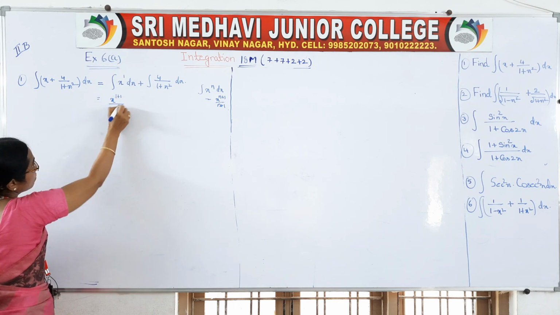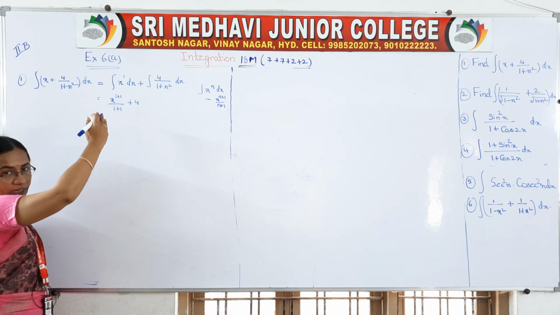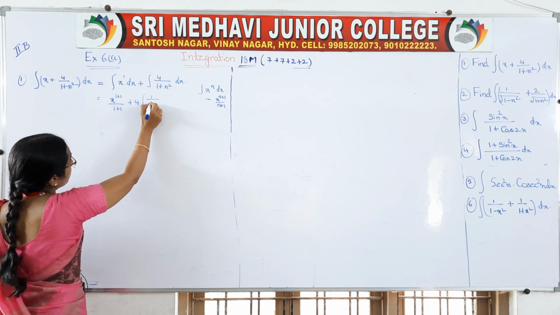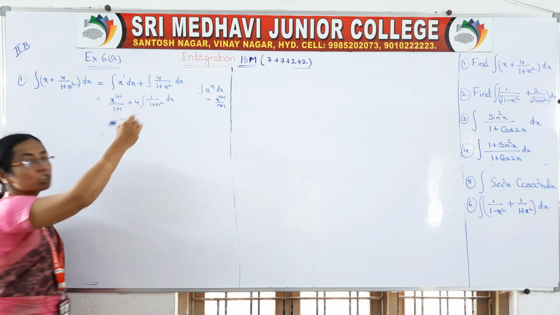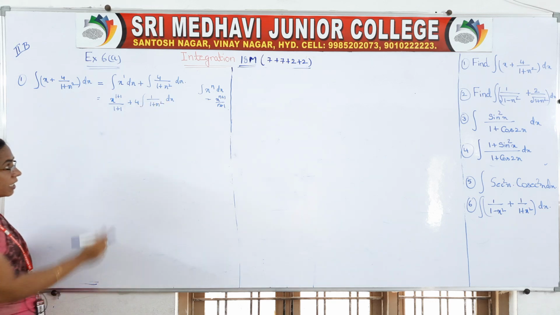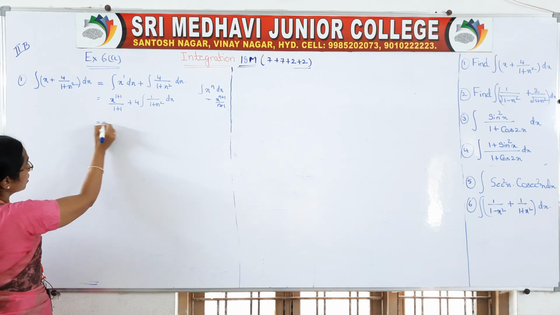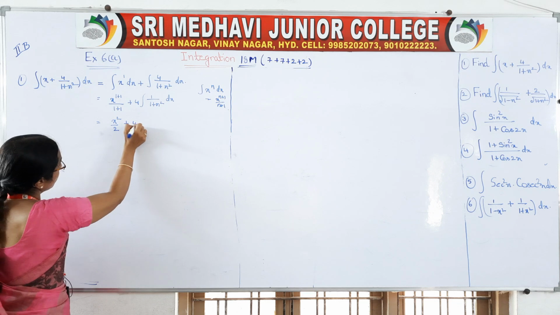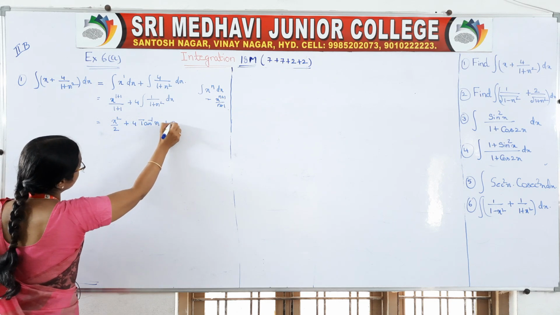So x to the power of 1 plus 1 by 1 plus 1. And take your 4 outside, numbers are constants, we can write outside: 1 by (1 plus x square) dx. This is also most repeated formula in our integration. Integral 1 by (1 plus x square) dx is tan inverse x. So x square by 2 plus 4 tan inverse x plus c.